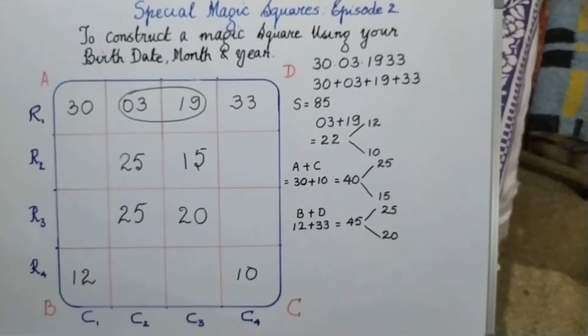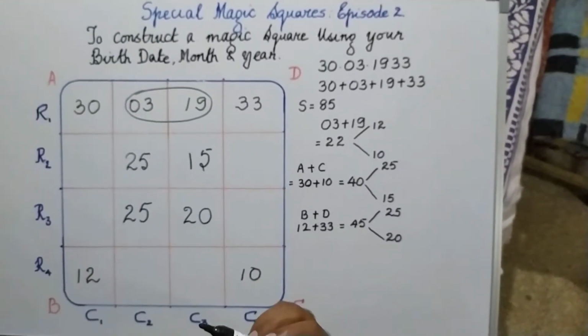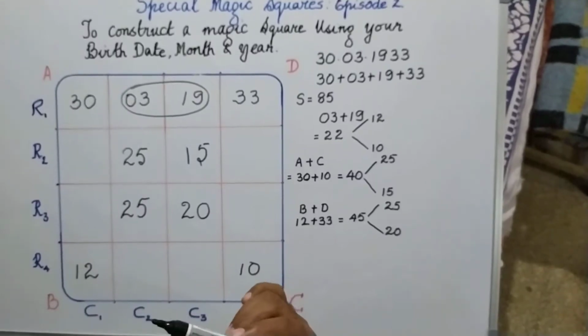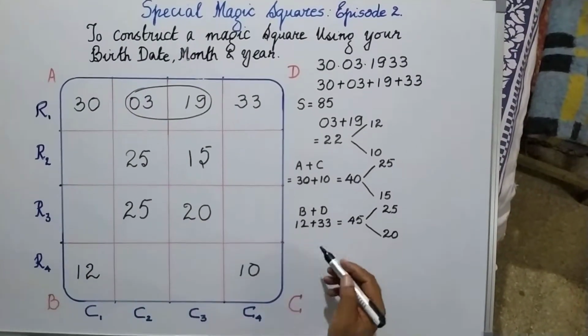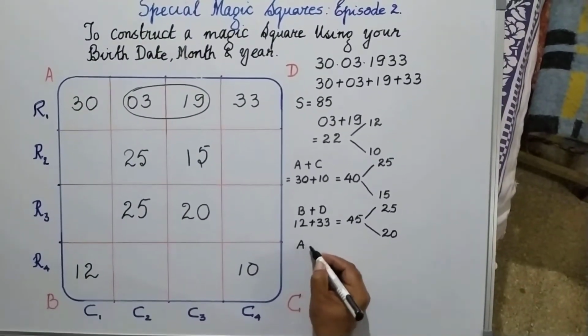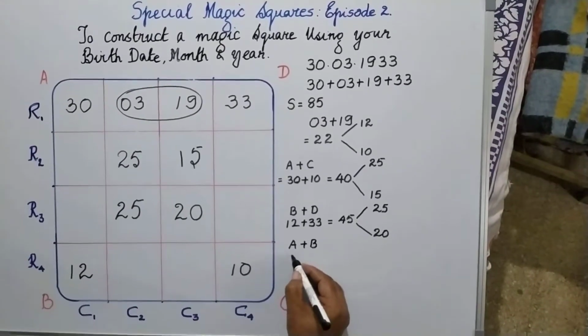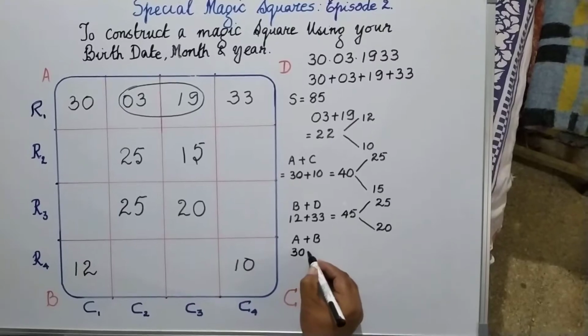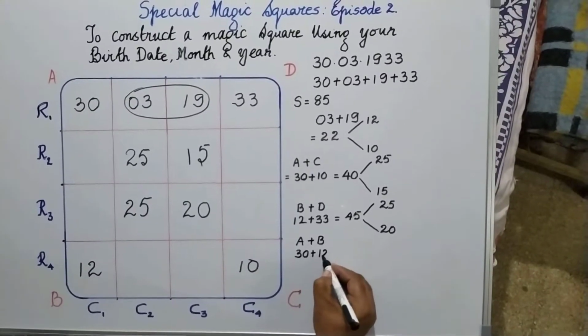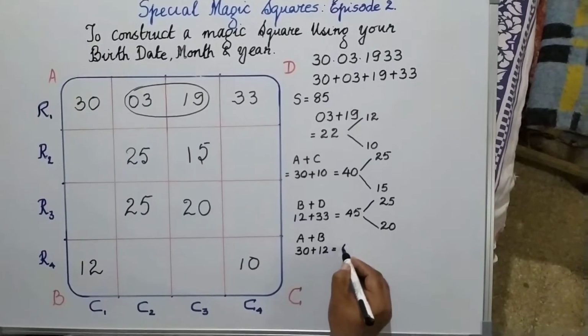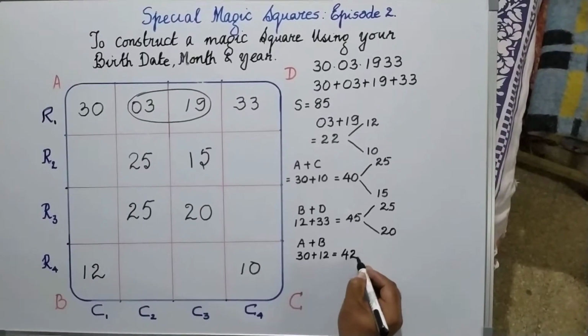Okay. Now what I will do is take A and B and add A and B. A is 30, B is 12, and if I add I will get 42.